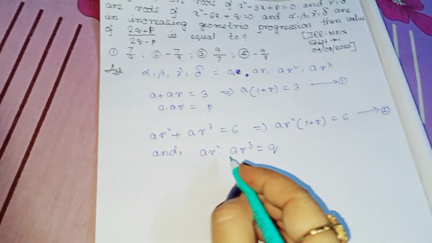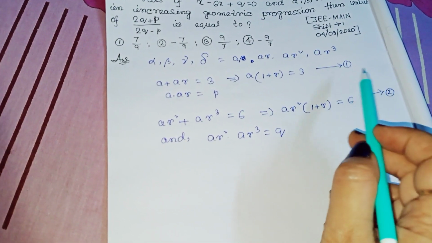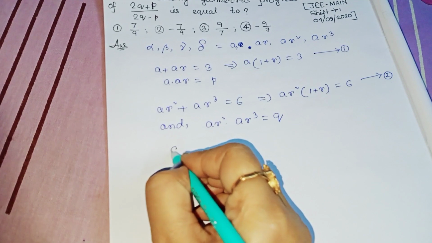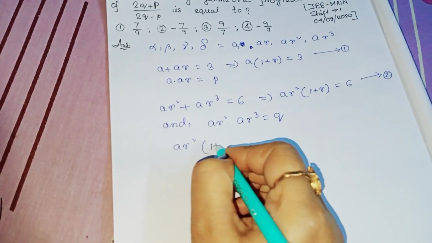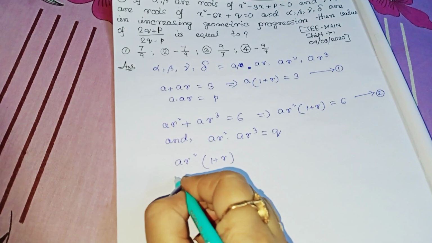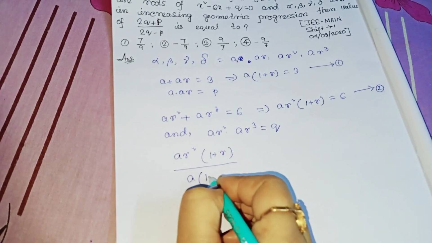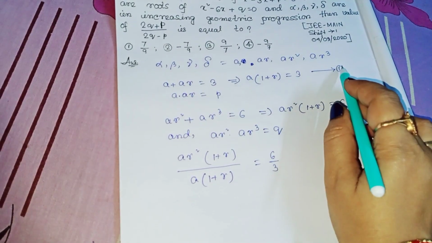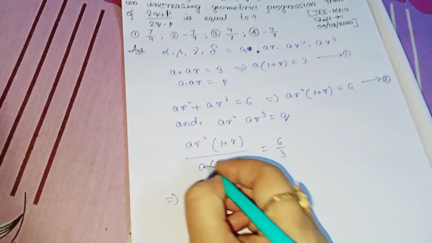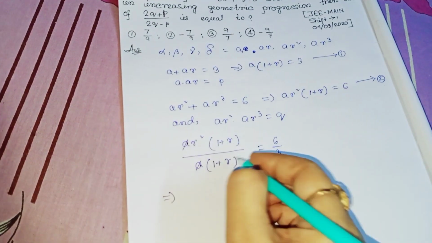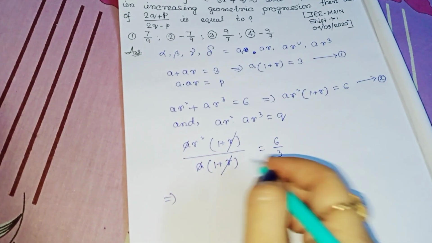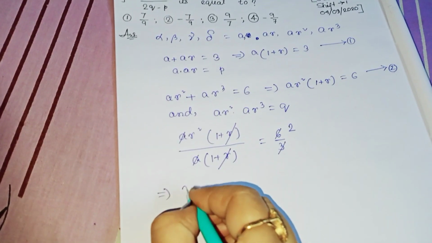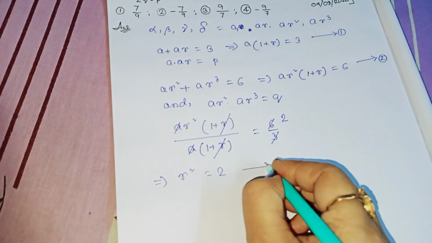Then dividing 2 by 1, we get ar square into (1 plus r) divided by a into (1 plus r) is equal to 6 by 3. Then a is cancelled off, 1 plus r and 1 plus r are cancelled off, 6 by 3 is 2. So r square is equal to 2. This is our equation 3.